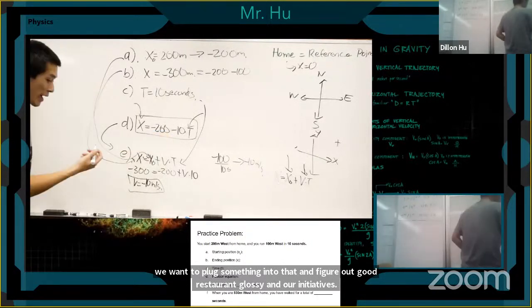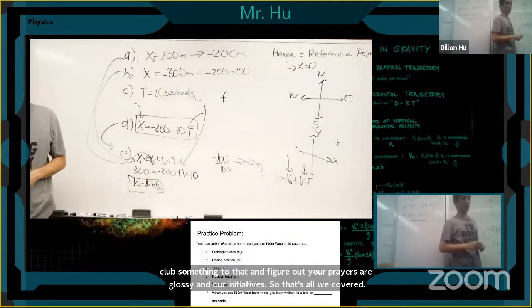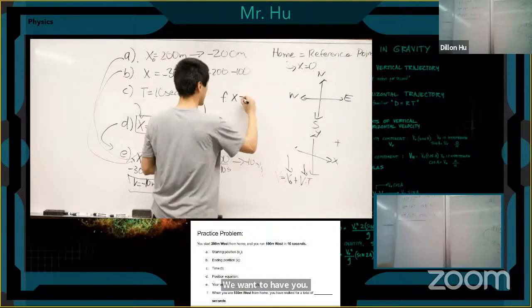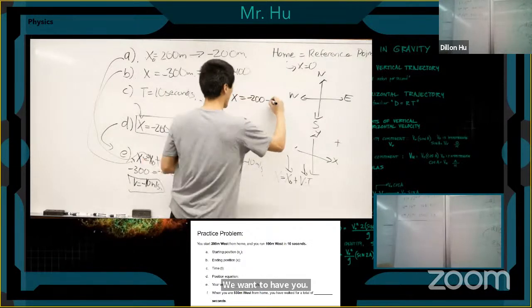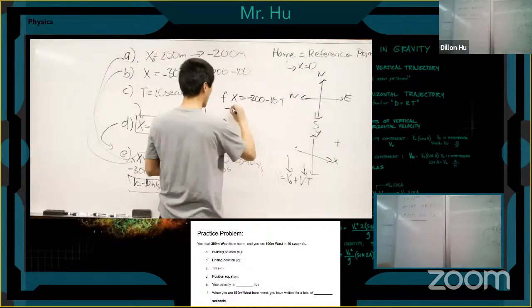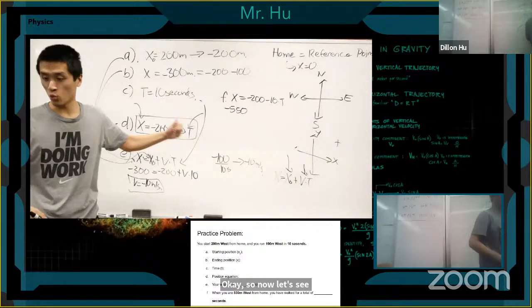Okay, so now let's do F. For F, we want to figure out where we are. When we are 550 meters west, how long have we walked for? This is where we can use our general position formula. We're going west, so the final position is negative 550. We walk 550 meters west, which is negative 550.